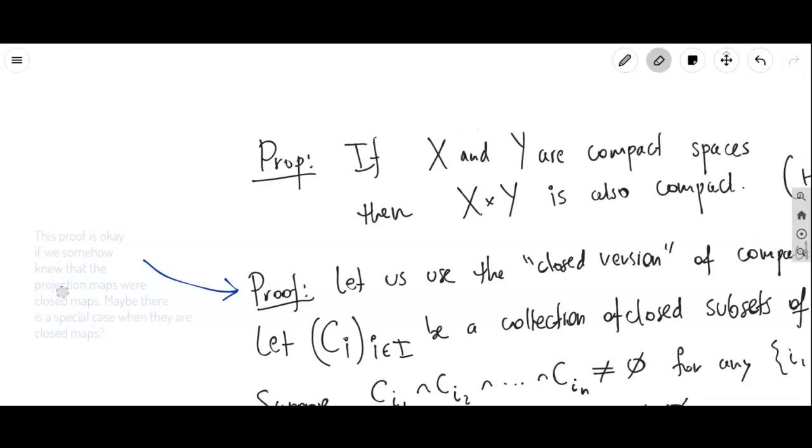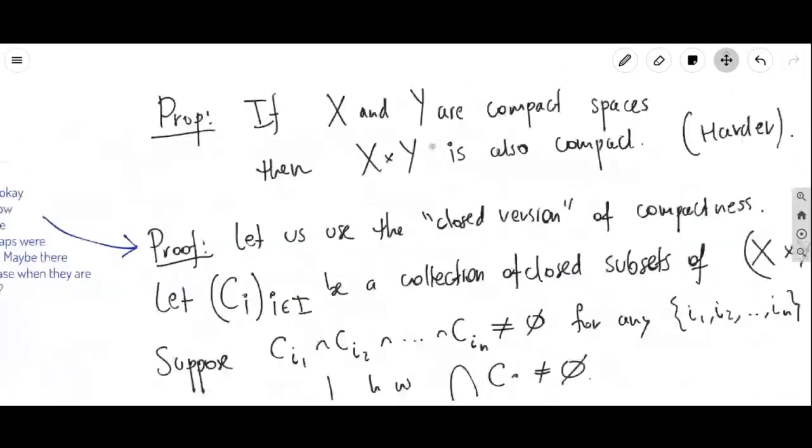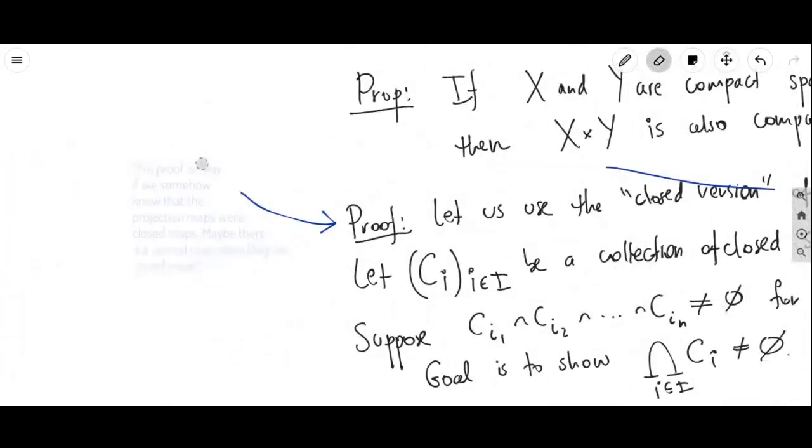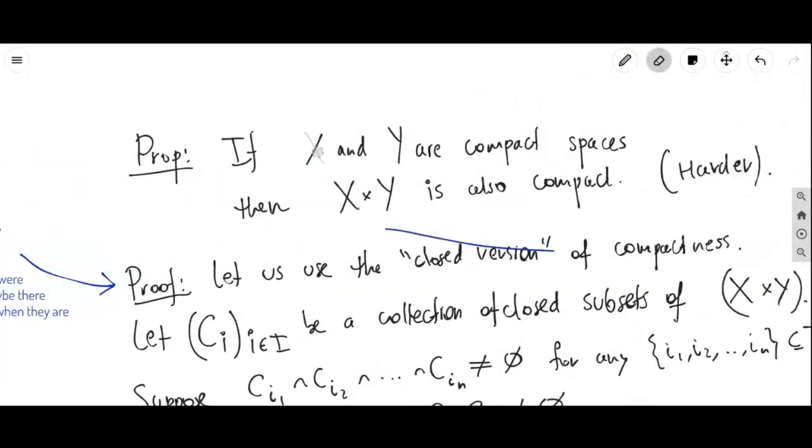So when can you do this? I'm going to take this down, and I'm going to discuss with you a case when the projection maps are closed maps, and then this proof is okay. And then we would have this theorem with an additional hypothesis. This additional hypothesis is not actually necessary, but the proof is going to be harder without it.